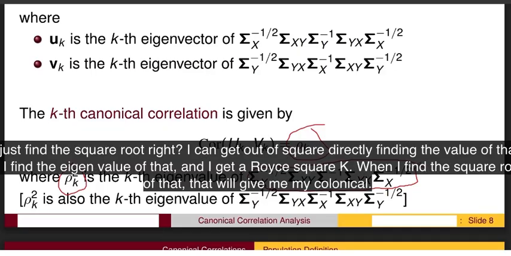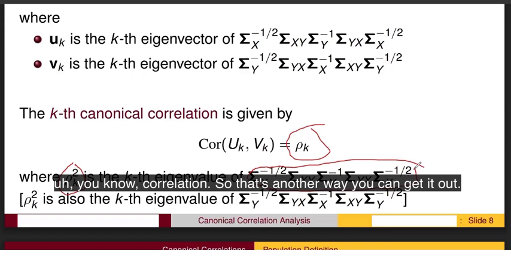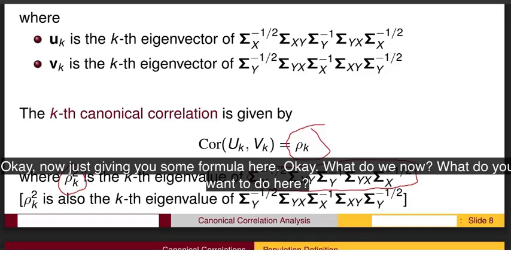I can get R squared directly by finding the eigenvalue of that. If I find the eigenvalue and I get rho squared K, when I find the square root of that, that will give me my canonical correlation. So that's another way you can get it. Okay, now just giving you some formula here.